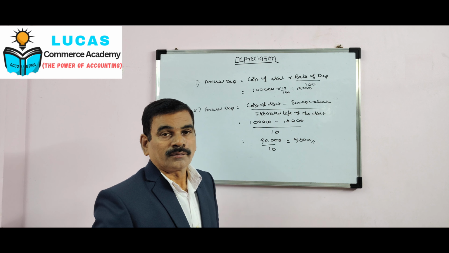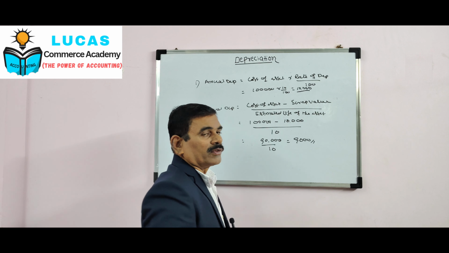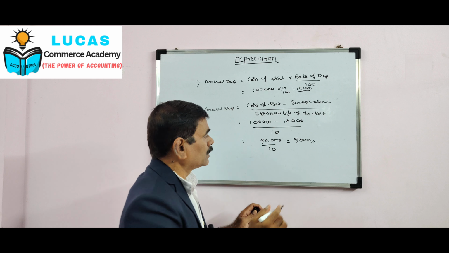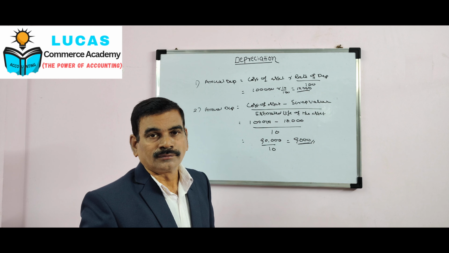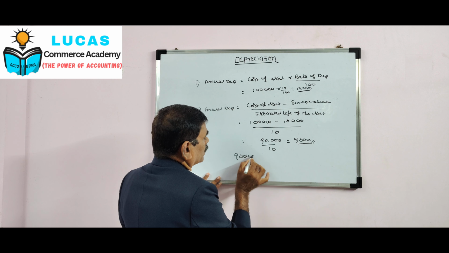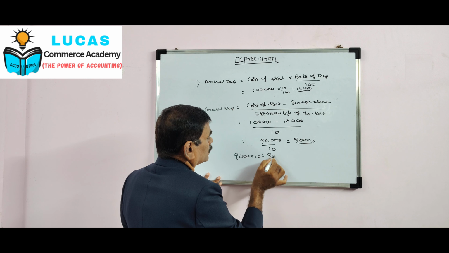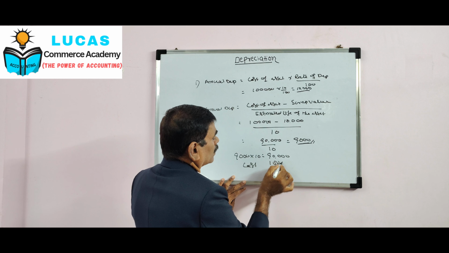In the first method, the amount of depreciation for each and every year is 10,000. Here the amount of depreciation for each and every year is 9,000. You see, 9,000 into 10 years equals 90,000, but the cost of asset is 1 lakh.